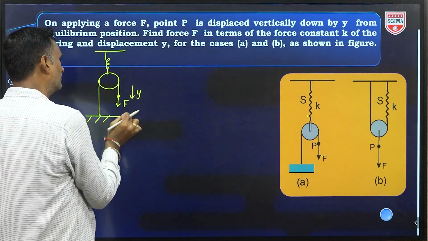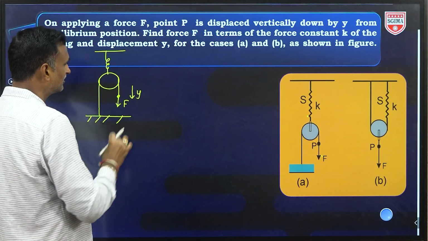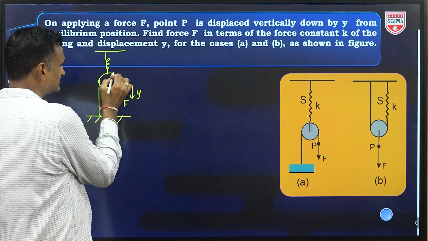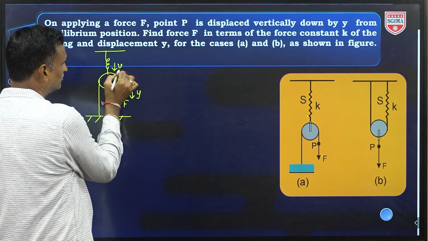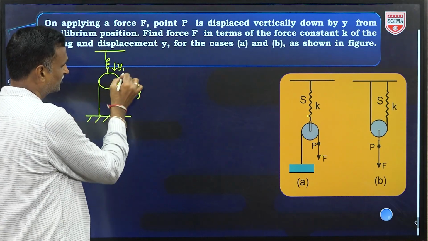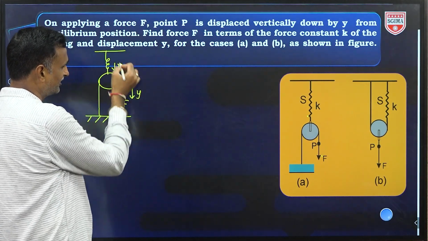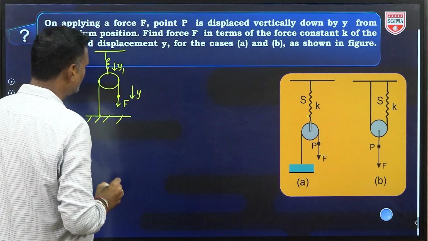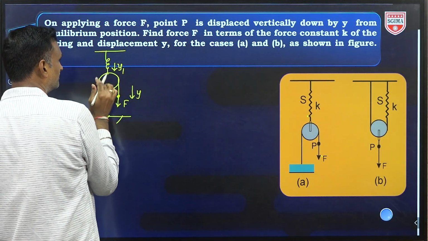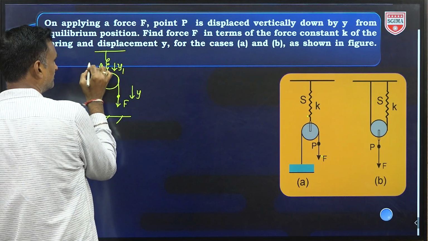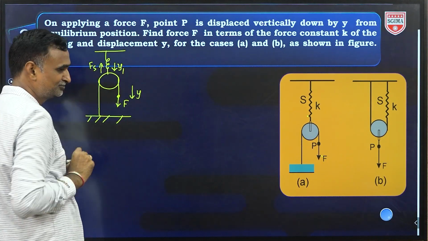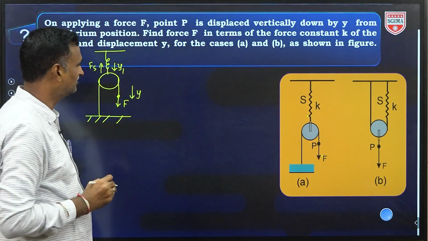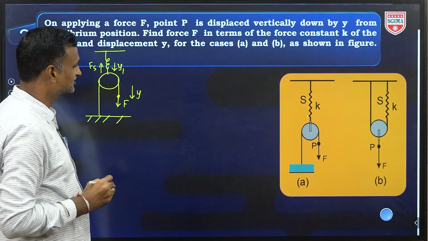Whenever it is pulled down through a distance y, due to the constraint relation we can assume the spring end is moved by y1. To give clarity, this is y and this is y1, both are not the same. Whenever it is displaced by y1, a spring force Fs is produced in the spring. Now we will make a relation, the constraint relations.